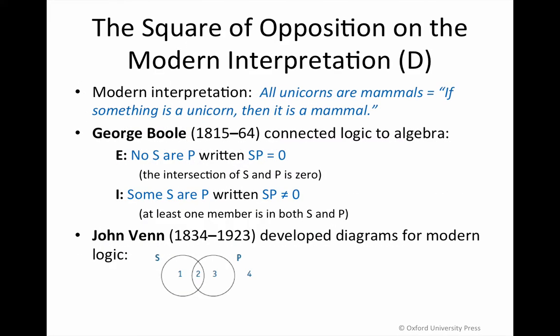Okay, so the modern square of opposition is the modern interpretation of the universal in terms of how we can or cannot make an inference from a universal affirmative to a universal negative and vice versa, universal affirmative to a particular negative and vice versa, and so forth. You'll see in a little bit why it's called a square of opposition. But for the moment, let's just do a little bit of background work.